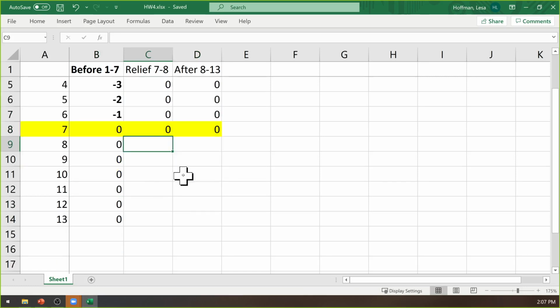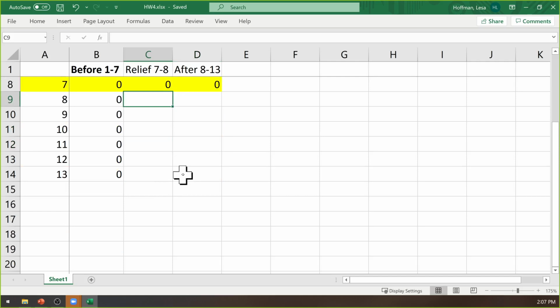So let me move up so we can see this a little better. So to capture change from 7 to 8, then, what goes where my cursor currently is? In cell C9. Yep, because 8 is one more than 7. Now the tricky part. This slope needs to shut off because the third slope is going to take over. So how do I make it shut off? A 1.